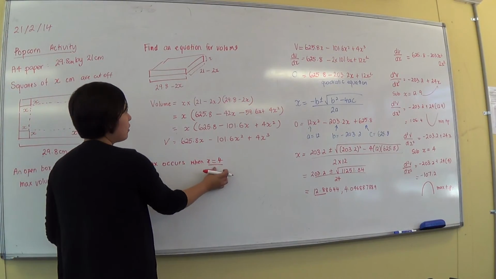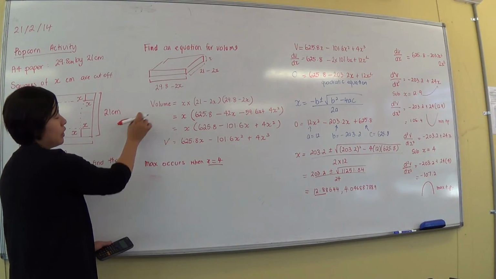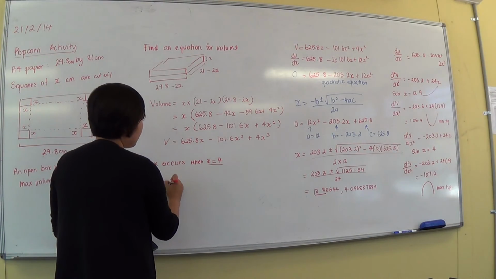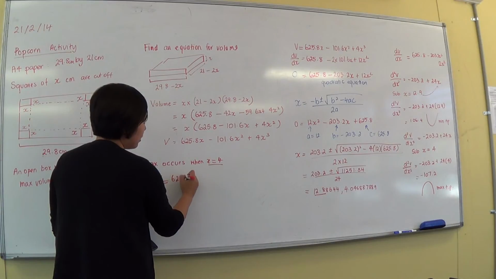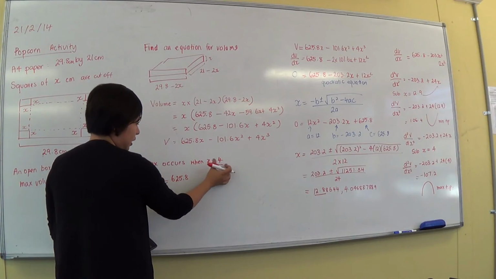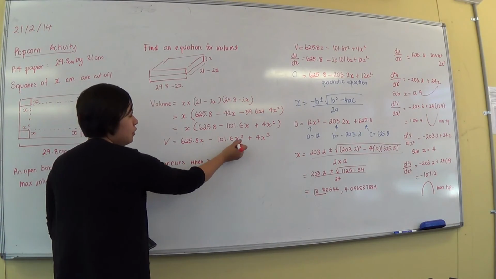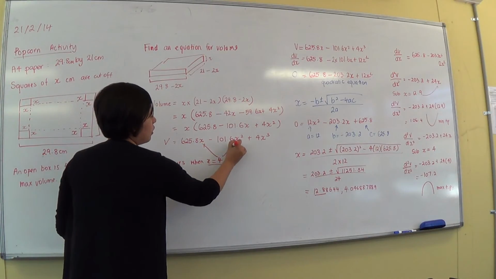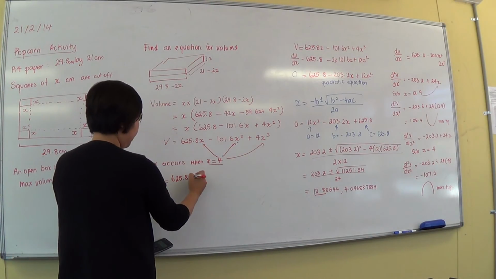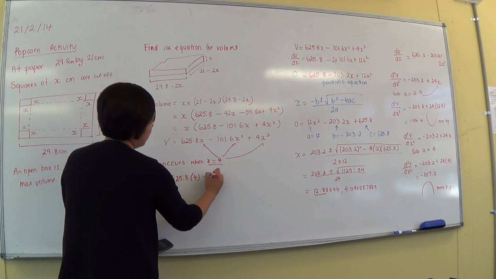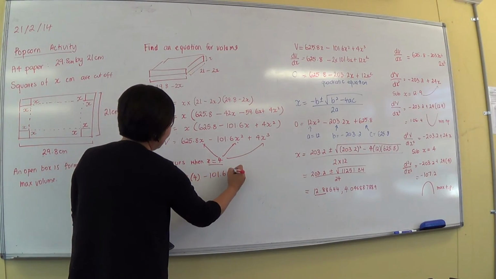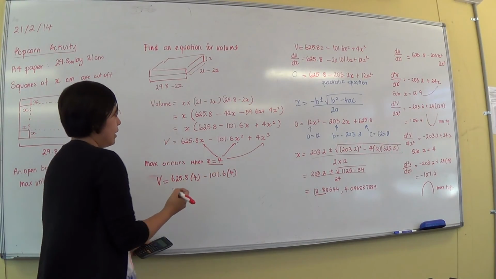Where do we substitute x equals 4 into? The original equation. Okay, so we want to work out what the volume is. So we just substitute 4 for every x value. Substituting this in, you should get an answer.